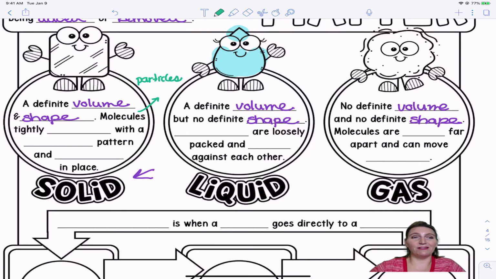I like the word particles because that could also mean a single element by itself, like iron, or an ionic compound like salt. So particles are tightly packed, right? They're really close together, and they have a regular pattern, and they vibrate in place.